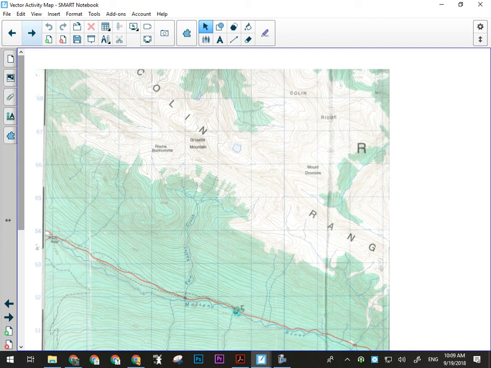Any place where the lines are stacked really close together, like right here, that's a cliff. Because each one of them is 10 meters and they're right on top of each other, so it's straight up. Anywhere they're spread further apart, it's less steep. So this would be like a gentle hillside right here. Everybody follow? So you have to plan your route accordingly.